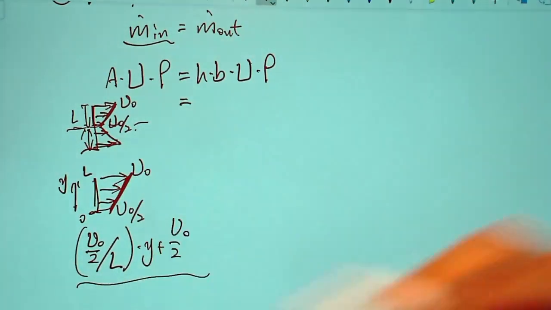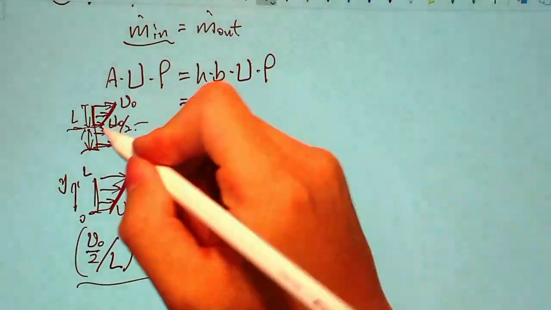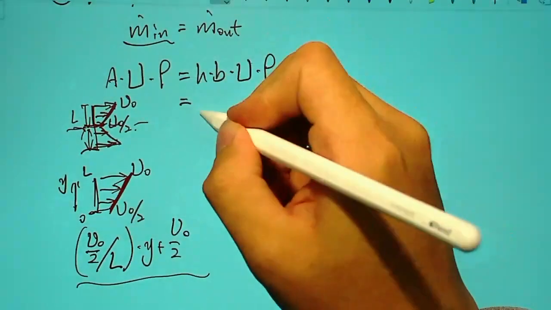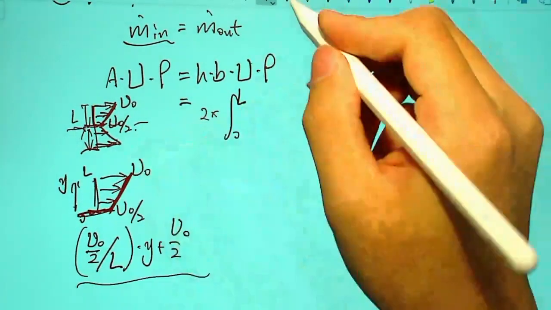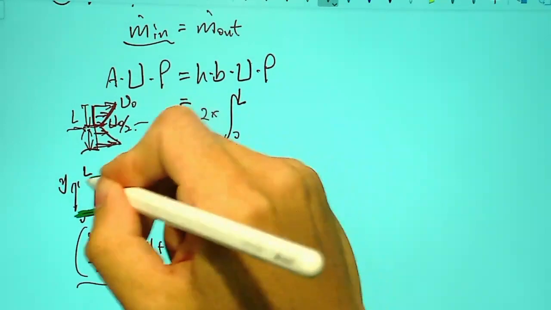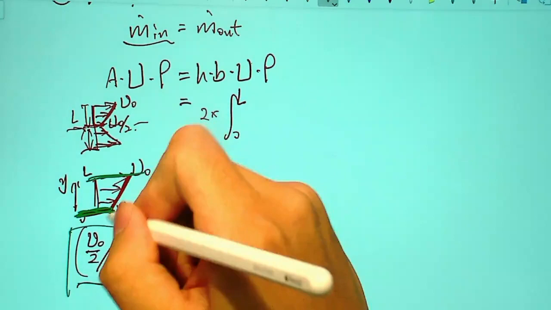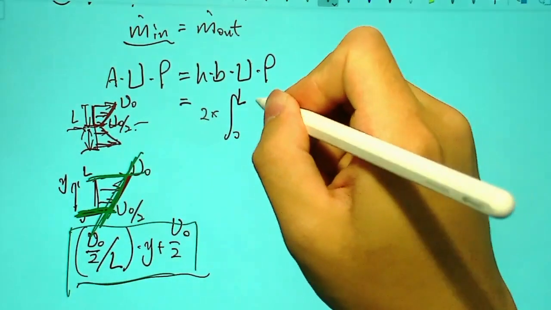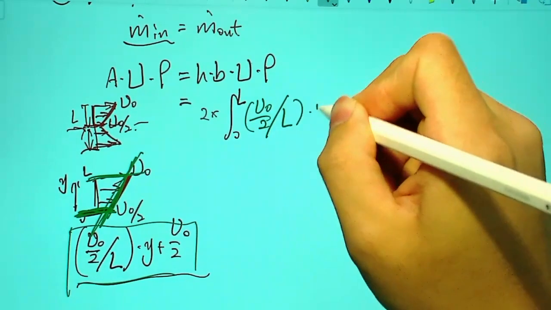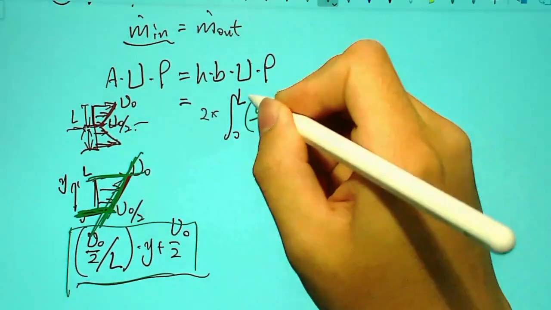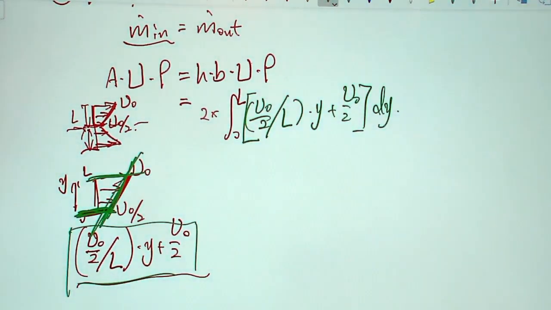We know the velocity profile, so we can do the integration. We first do the top half and double it. We integrate from 0 to L. Since we already have the relationship of this line, it's U0 over 2, divided by L, times Y plus half U0, and then times dY.